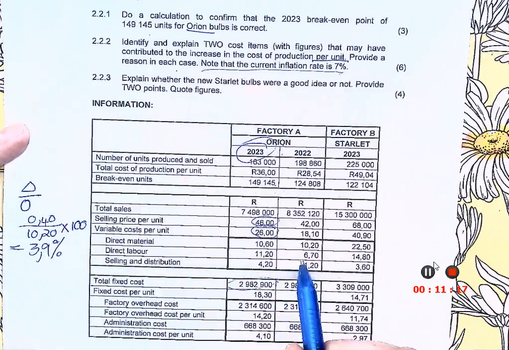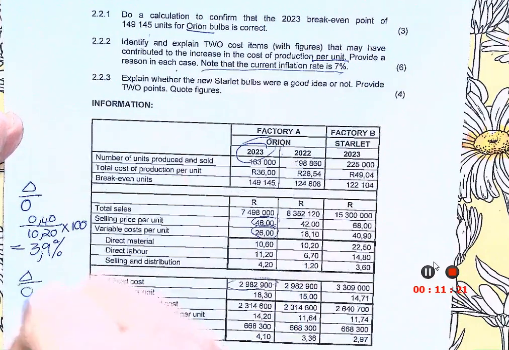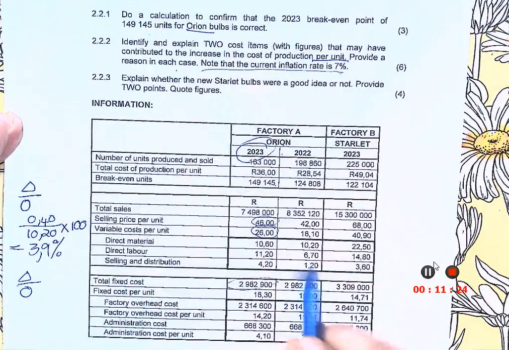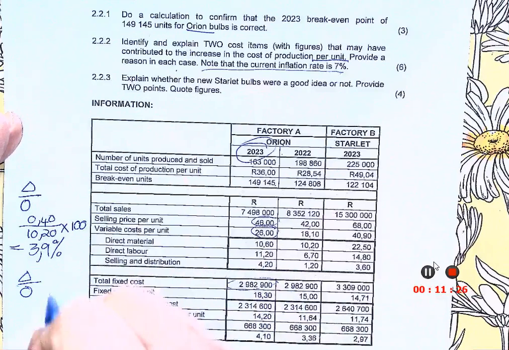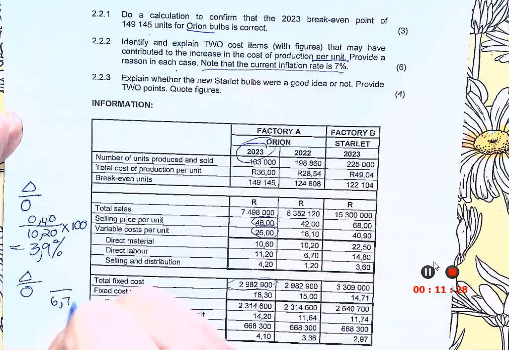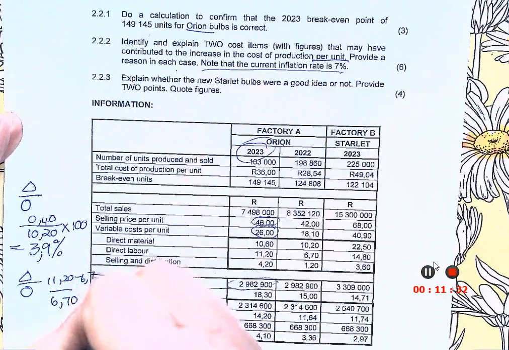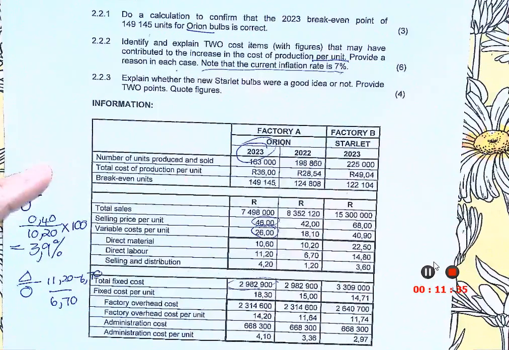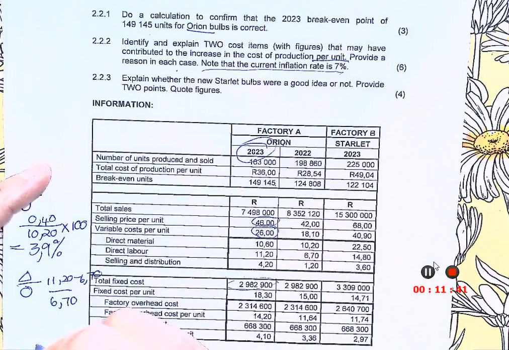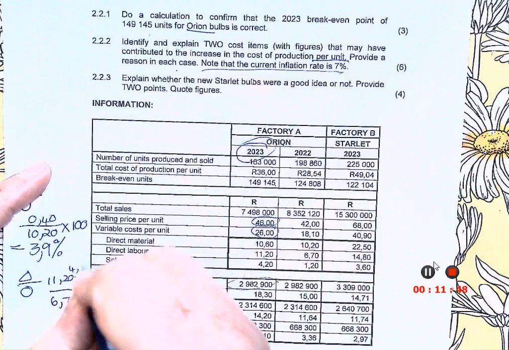Direct labor. Now let's look. The man in the hat says, what is the change over the original? So what's the change? It's 1120 less 670. And how much is that? Oh, the percentage in the end. 12.5%. Oh, the change is 4.5.